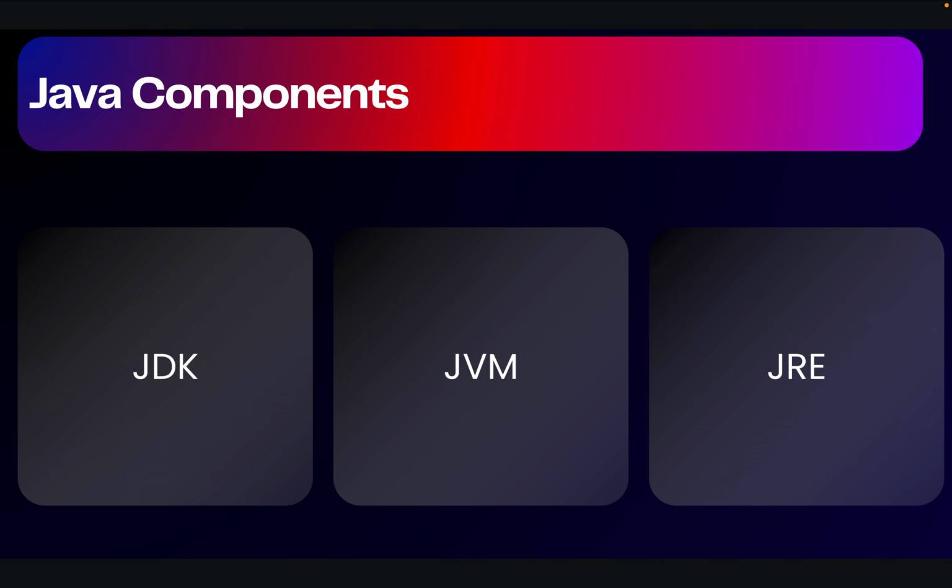So, there are three main components that make up Java. All three work hand in hand to get the language running and to get your computer to understand what to do. There's a JDK, a JVM, and a JRE.